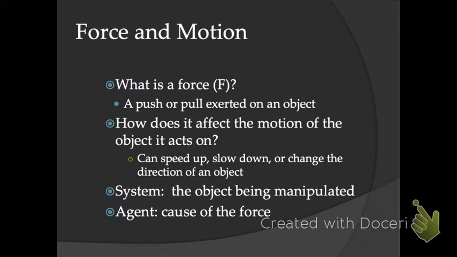So if I lift my pencil right here, is the pencil the system or the agent? It's the system, and what's the agent? Me, yeah, or my hand. I'm exerting that force, which causes my system to move, okay? Not vocabulary terms that I think are really important, but you're going to see them used, so I just want you to be familiar with them.